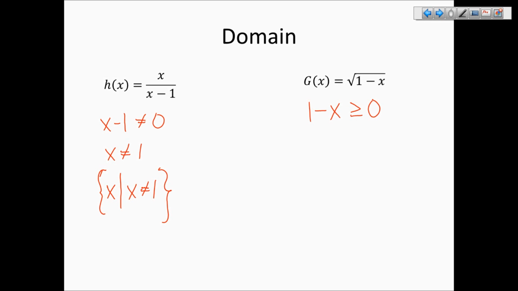Now if I solve this inequality, I'll have figured out what my domain is. So really, I'm just going to move the variable first. x is less than or equal to 1. So again, I'll build my set builder notation.